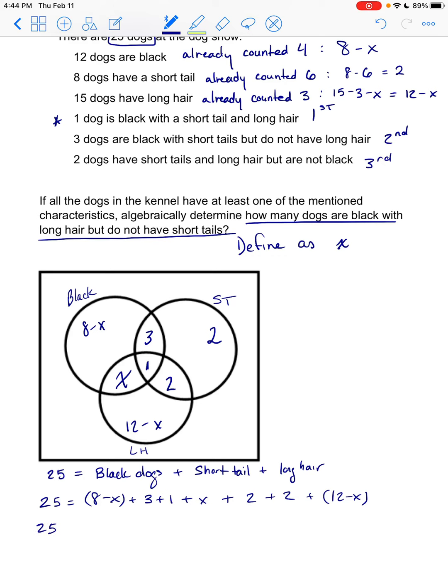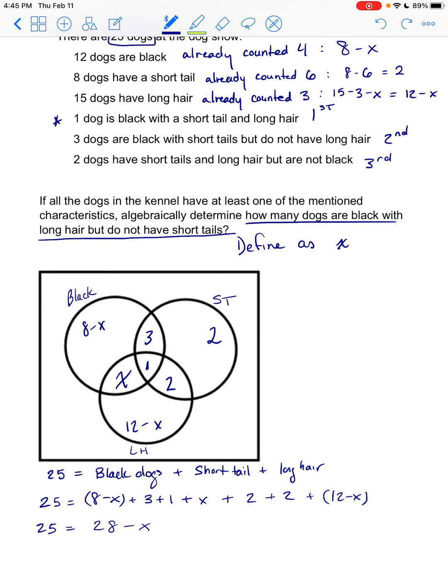So let's combine as much of this as we can. We have our constants and our variables that we'll have separately. If you add all these up, we get 28 minus x is equal to 25. You should see that minus 2x plus 1x, positive x, is minus 1x. That's where that's coming from.